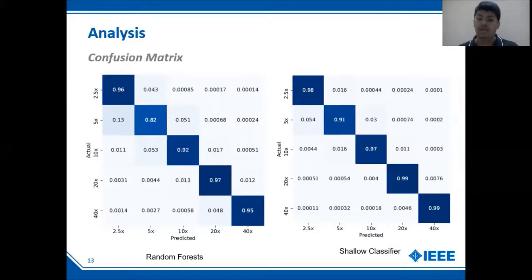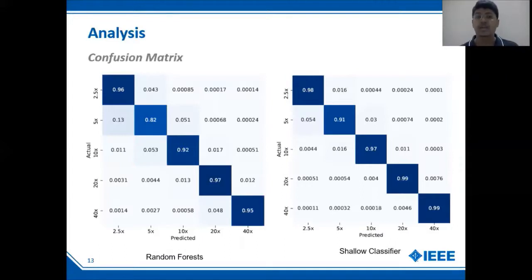The network cannot generalize 5x images as much as other magnification levels. We see that most of the 5x images are misclassified as 2.5x and 10x, which are adjacent magnification levels. That makes some sense because most of the content in 2.5x is overlapped in 5x.